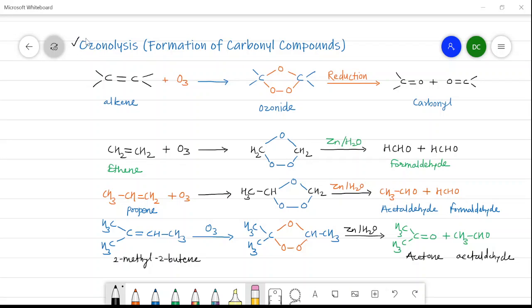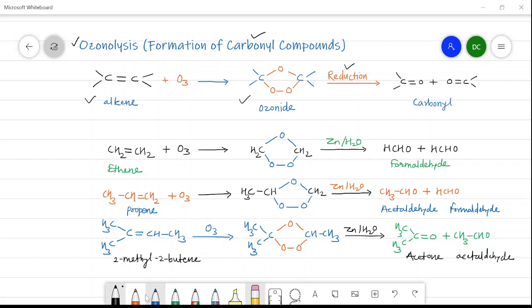Ozonolysis. It is the process by which we can prepare a carbonyl compound from the alkene molecule or unsaturated compounds. Alkene, when it is treated with ozone, that is O3, gives the formation of ozonide, and this ozonide, upon reduction in the presence of a reducing agent, gives a carbonyl compound.